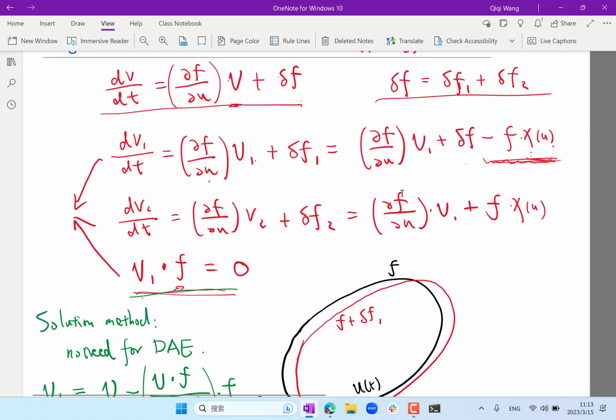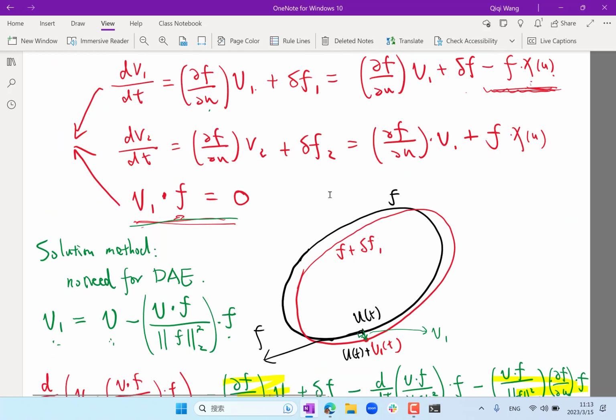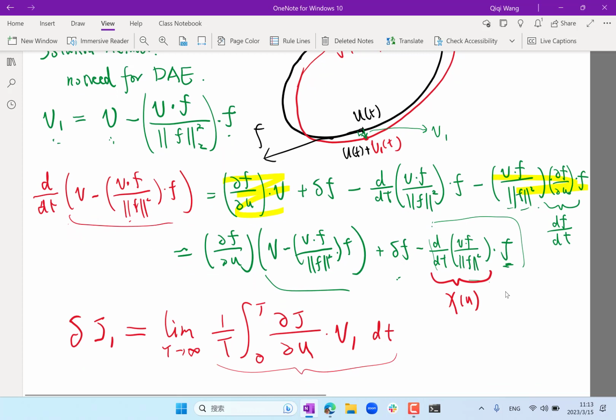We don't even have to solve the second equation, because we have derived that chi, the time dilation term, gives the second delta f2, which is equal to chi times the direction of time evolution, f itself. That really corresponds to an acceleration or deceleration of the evolution. And the chi we derived is simply the time derivative of what is projected out from the original tangent solution.